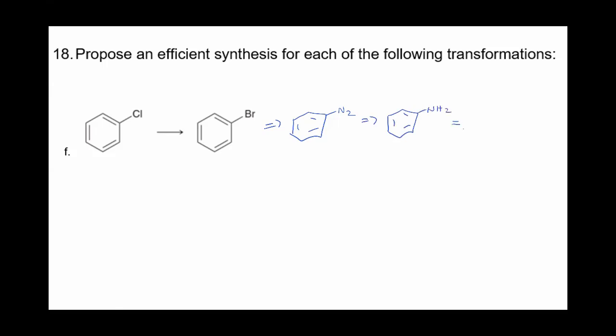And if you remember a long time ago, we could make an amine from a Cl. So in the forward direction, you have chlorobenzene. We react it with NaNH2, liquid ammonia, and this goes through the benzyne intermediate.